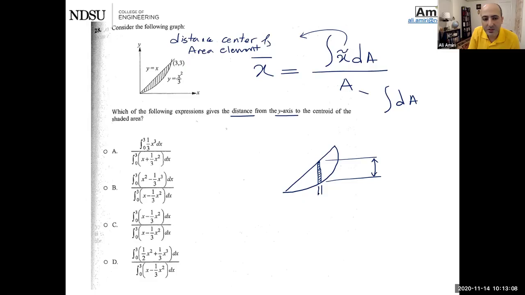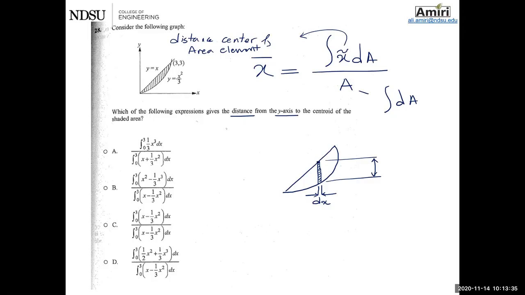The width of it is going to be dx. So what do you think is the length of it? If you figure that out, a lot of your problems are solved. When you look at this figure, what is the length of this element? Anybody? Is that just going to be the x minus x squared over 3?